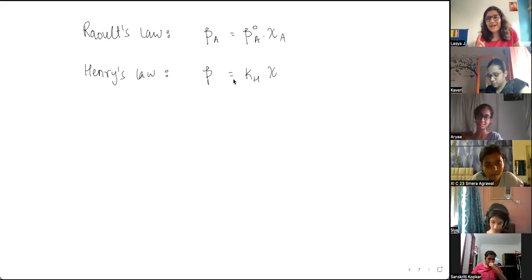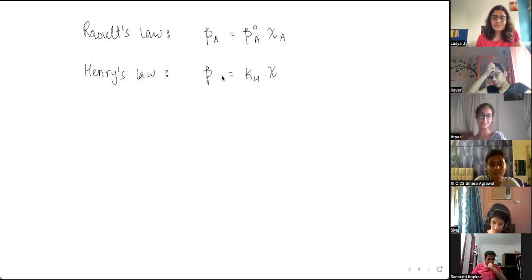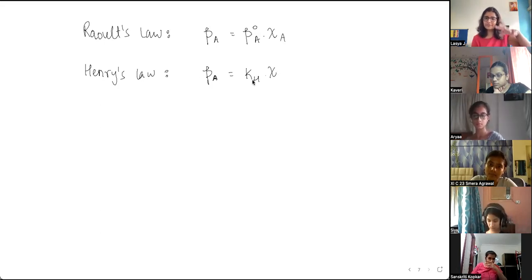Close. You had the right idea. You didn't remember this thing. KH equal to nahi, but yeah, similar stuff. So in this case, we're talking about the solute, which is the gas. Partial pressure of that particular gas is directly proportional to, or as you increase the pressure above the solution, uska solubility, mole fraction will increase, right?